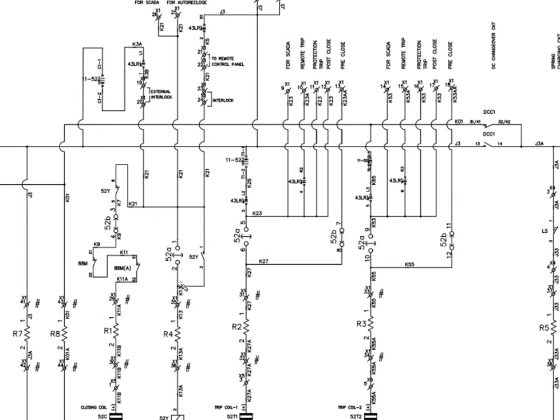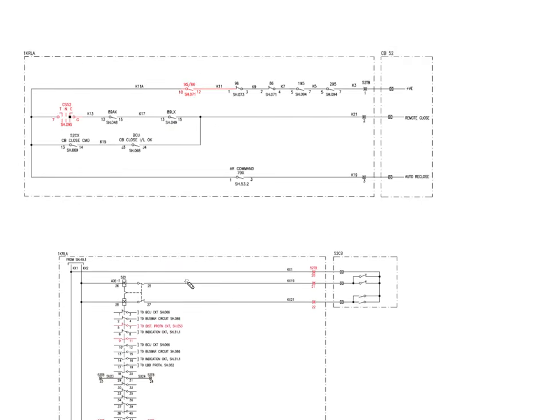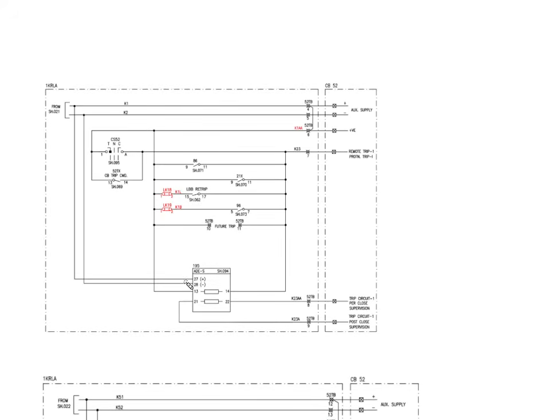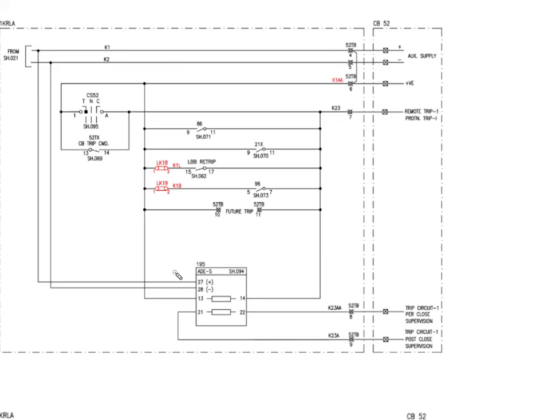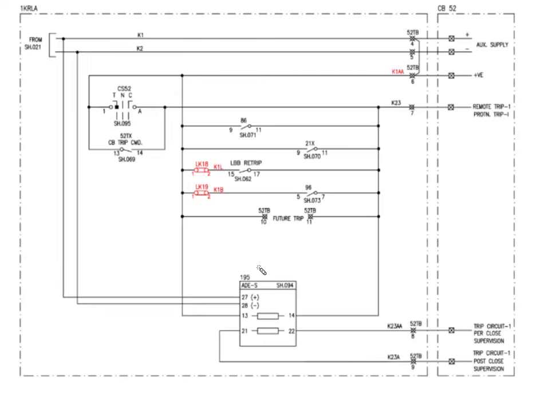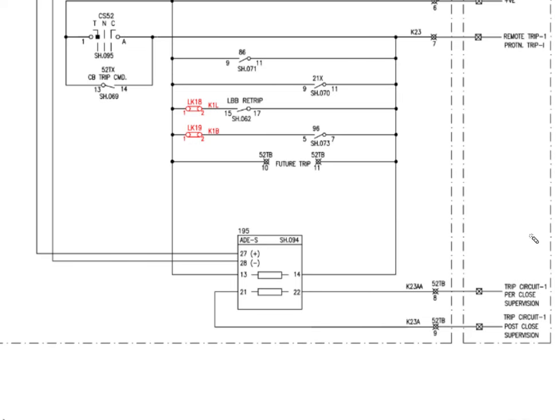Okay, so in the relay panel we'll open the diagram of the relay panel. We'll just zoom it in. This is the pre-close supervision that is coming from the circuit breaker. Negative is coming through the closing coil of the breaker, and through a close contact when the breaker is off, it's called pre-close.